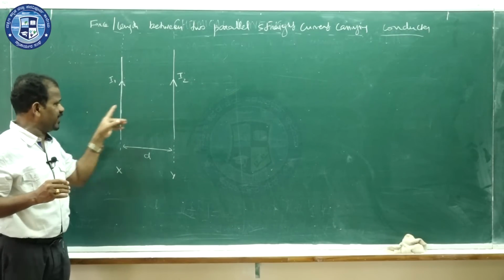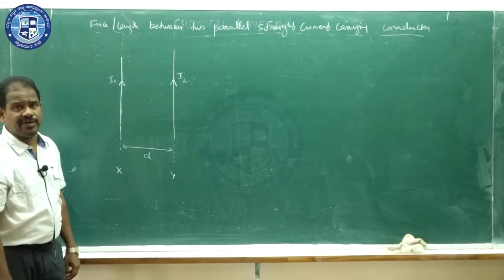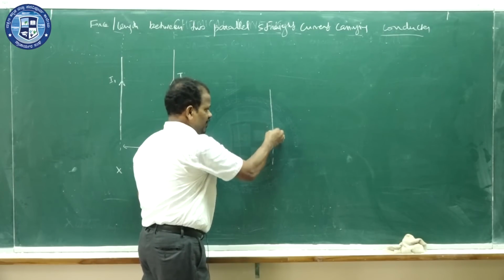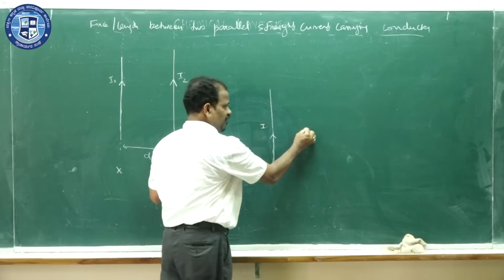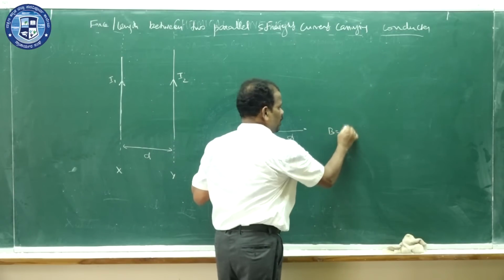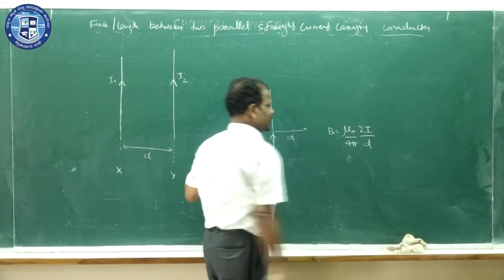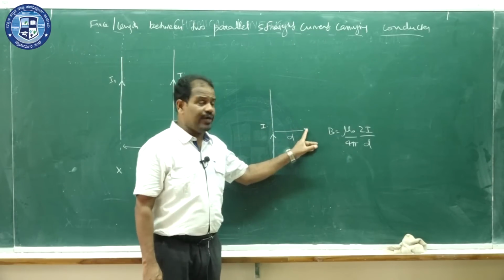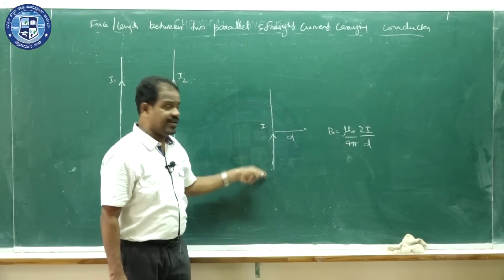And already we have studied the expression for magnetic field due to an infinitely long straight conductor, a very long wire which carries current I. If you want to find the magnetic field at any point at distance d, the formula is B equal to mu naught by 4 pi into 2I by d. This is the expression for magnetic field at any point due to an infinitely long straight conductor which carries current.